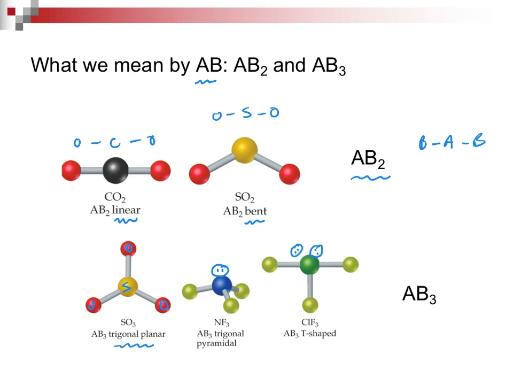When all of them are the same, it's trigonal planar. When we have one lone pair, it's trigonal pyramidal. And when we have two lone pairs, it is T-shaped. Students tend to struggle with this. I'm not going to lie. The main ones in this first row column are very easy, but we're going to teach you how the other ones come about.